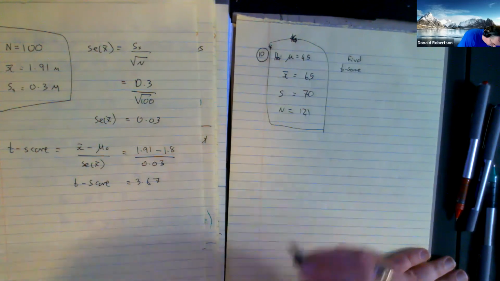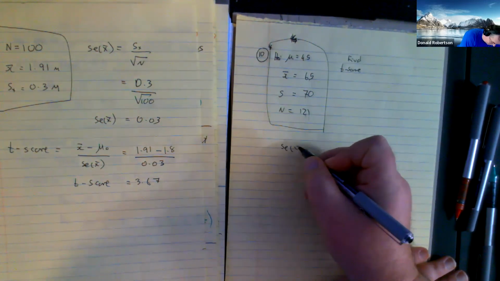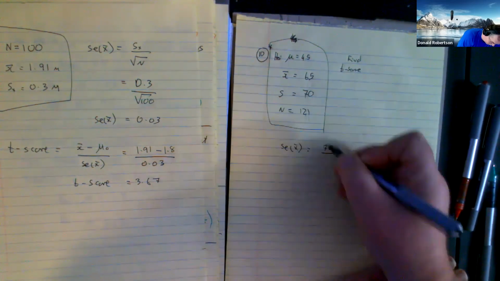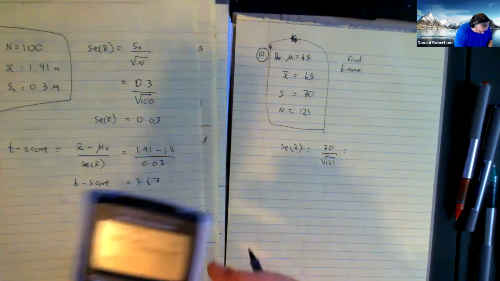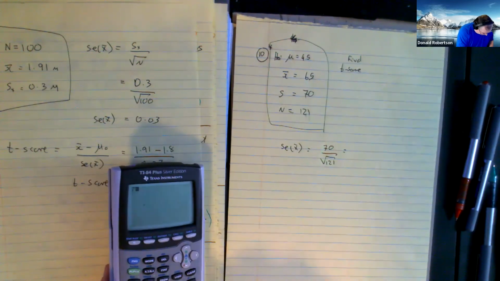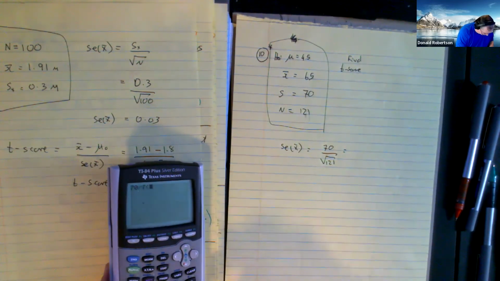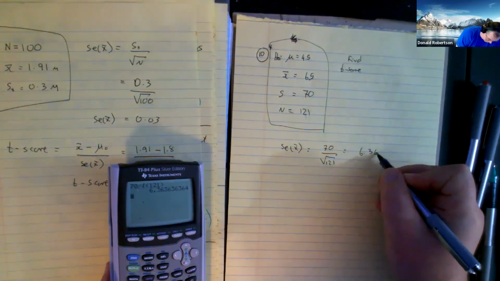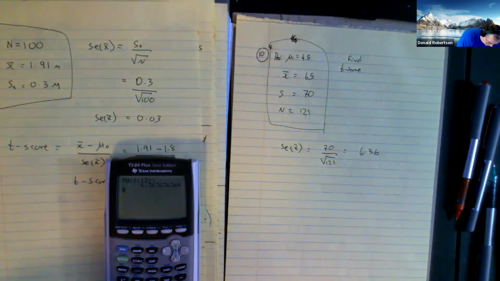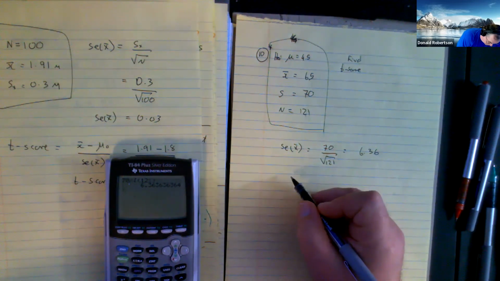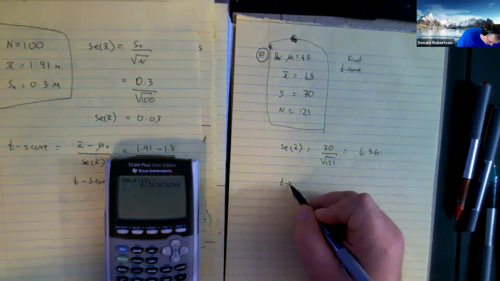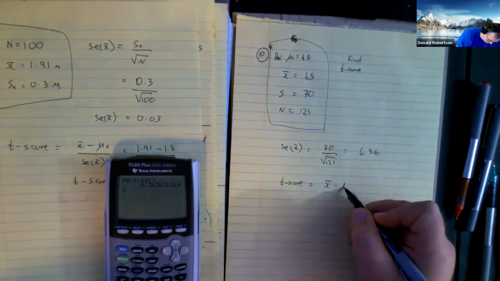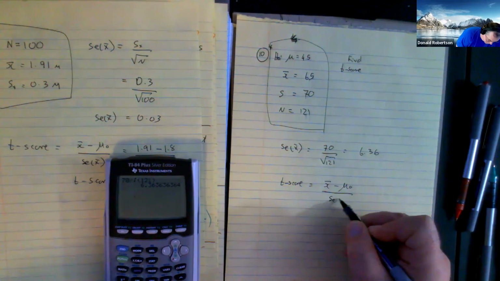So I'll start with the standard error. 70 divided by the square root of 121. And I get about 6.36. The t-score is going to be that calculation.